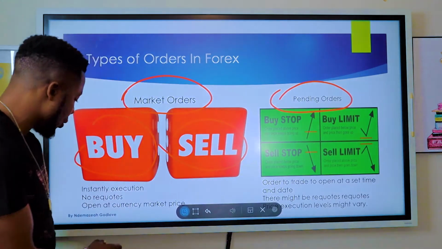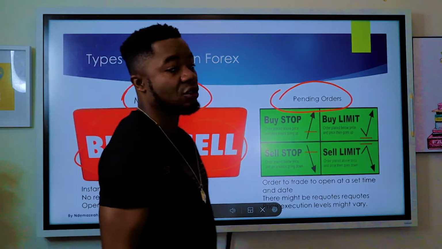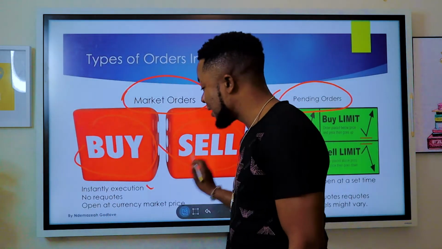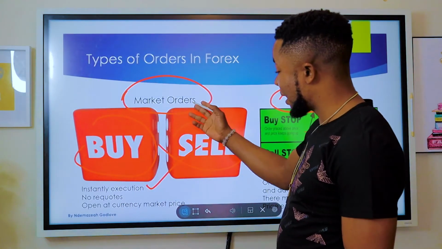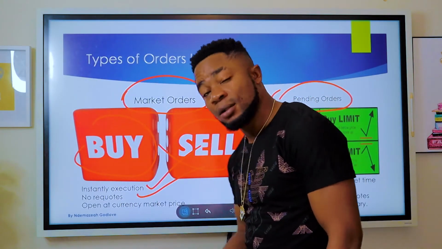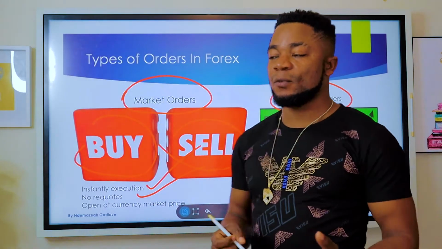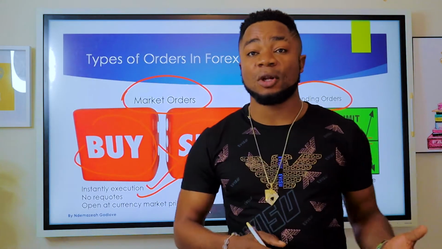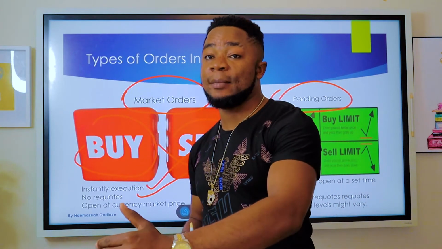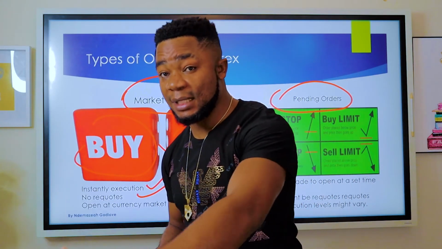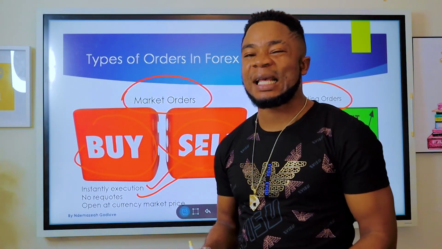And here you can see some points we have here. We have some points like instant execution. You have instant execution when it comes to market orders. You have no requote. Because with pending orders, when I'll be explaining pending orders to you guys, there are some situations where you can actually place an order in the market, but before that order is executed, there might be what they call a requote.